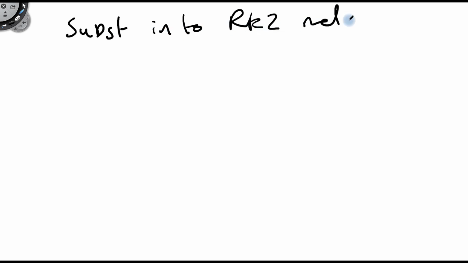And let's just substitute those values into the RK2 method. We then have that K1 is f of x of n comma t of n.